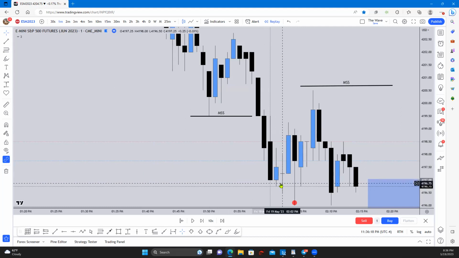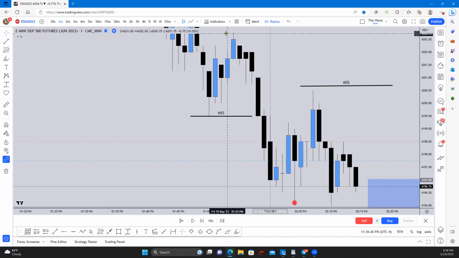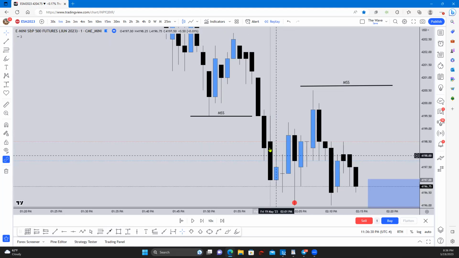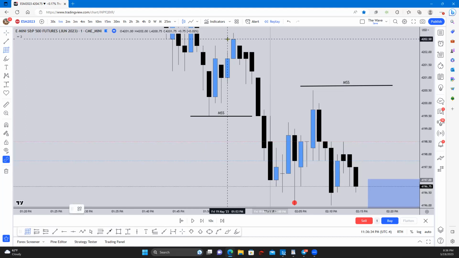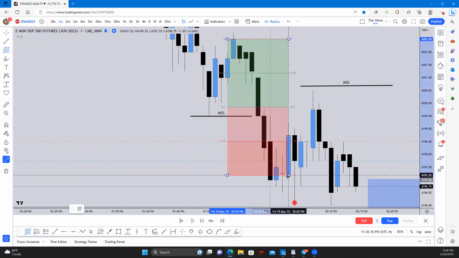So if we see price starts to come back here, we measure this price leg. We'll use the bodies here.